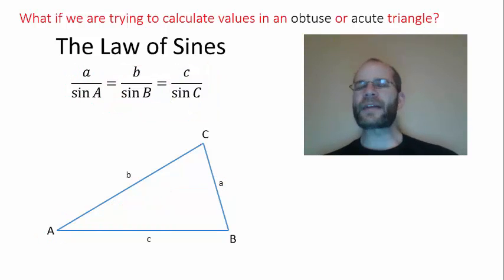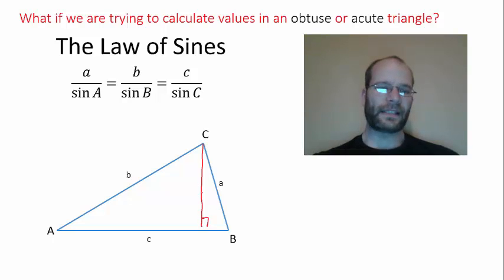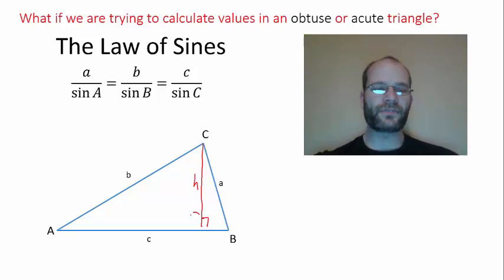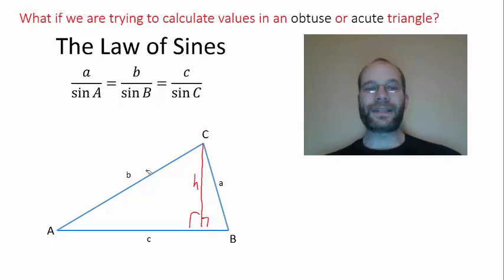Before we apply the law of sines, I'd like to take a moment just to prove it. To do that, the first thing I will add here is the altitude to point C, and we'll call that h. When I drew in that altitude, notice that I created two right triangles, one here on the left and one here on the right. Now there are some ratios that we can use, particularly the sine ratio, because we're dealing with right triangles again. So let's look at the triangle on the left first.